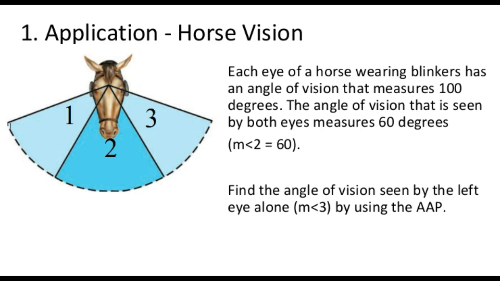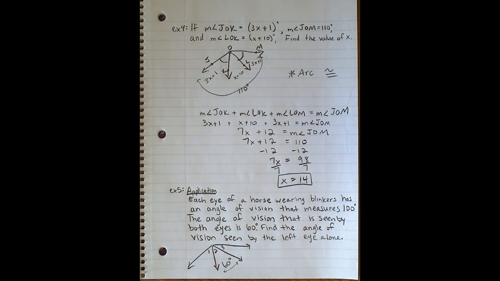Each eye can see a total of 100, so that means angle 1 and 2 together is going to be 100 degrees. Likewise, angle 3 and angle 2 together are going to be 100 degrees. So now we have a diagram that looks somewhat like this. So remember, section 2 was the 60-degree section.